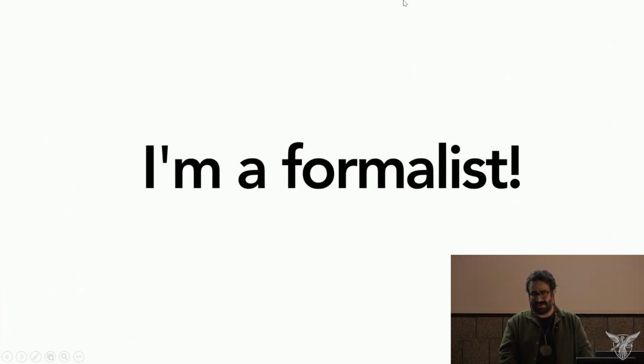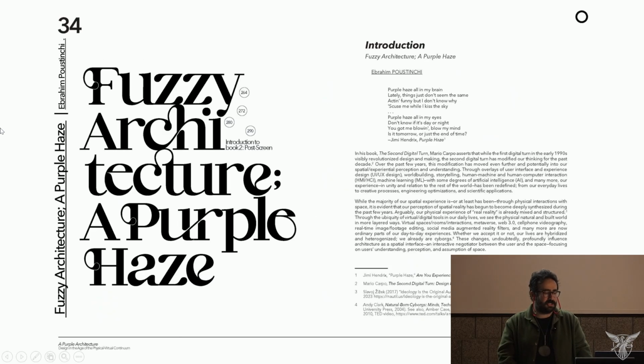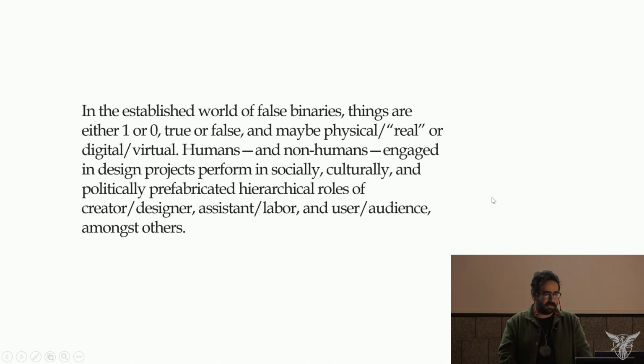Just reminding you that I'm still a formalist, and I'll probably be safe to say. And again, to frame it back through the lens of Purple Architecture, we discuss fuzzy architecture that deals with the world of binaries, but tries to propose something that is neither 0 or 1.